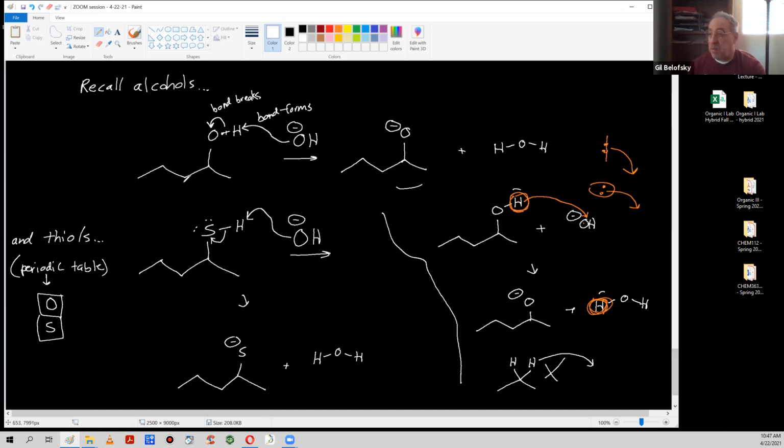Remember acid-base stuff from 111. In the old sense of acids and bases, acids donate protons, right? That's what we learned first. Donate hydrogens. And bases accept hydrogens.